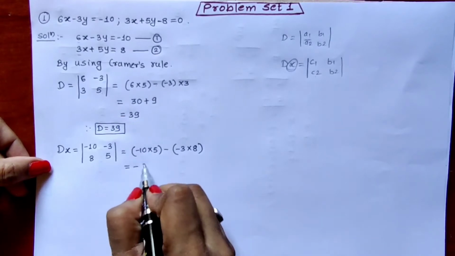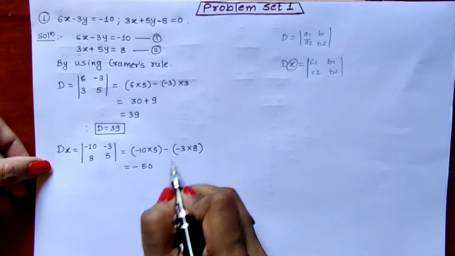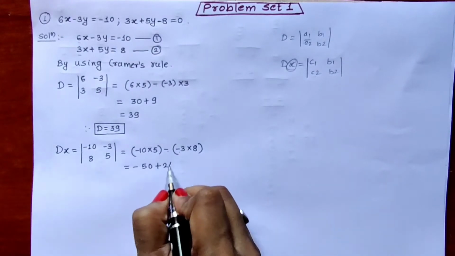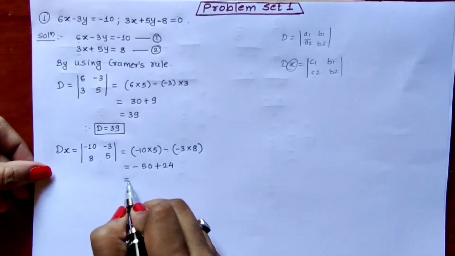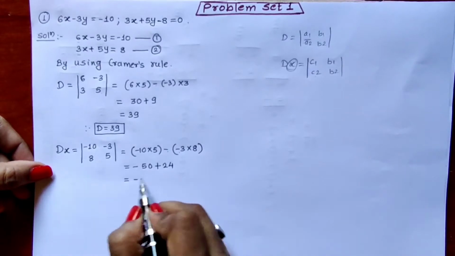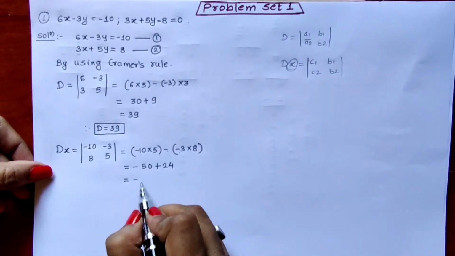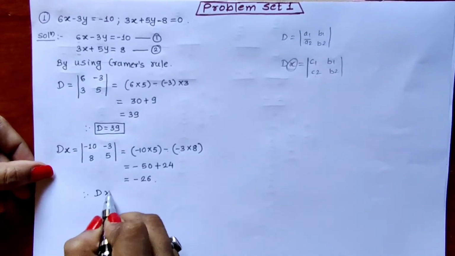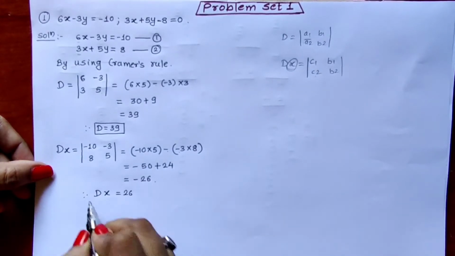Minus 10 into 5 will be minus 50. Minus sign will become plus. 8 3s are 24. So minus 50 plus 24, sign will be minus, bigger number sign, and the answer is 26, and therefore dx is equal to 26.